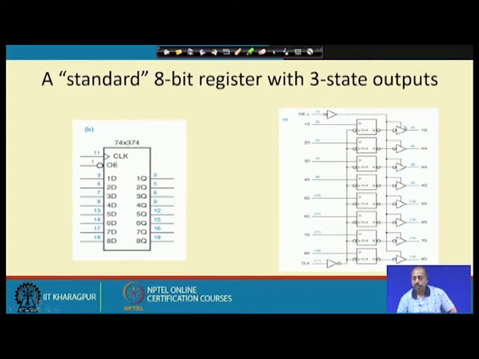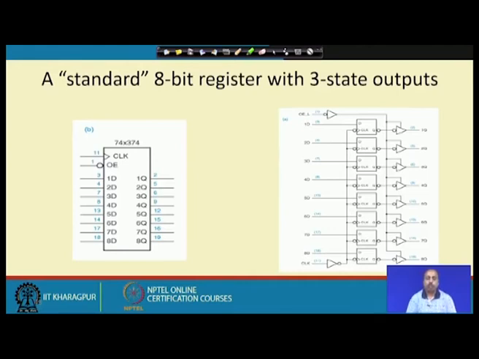As a result, all these tri-state buffers will be enabled, and the value available at Q will come to pin number 2, which corresponds to the 1Q line. Similarly, this Q output will be available at pin number 5, which corresponds to the 2Q line. This way we can have this 8-bit register with 3 state outputs.